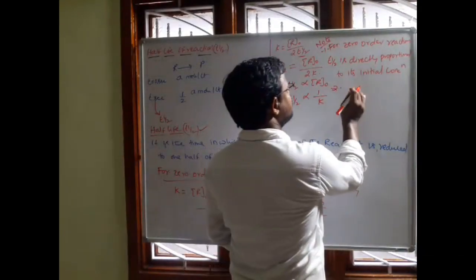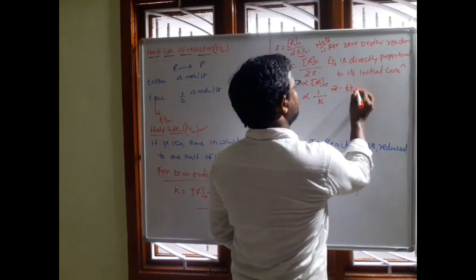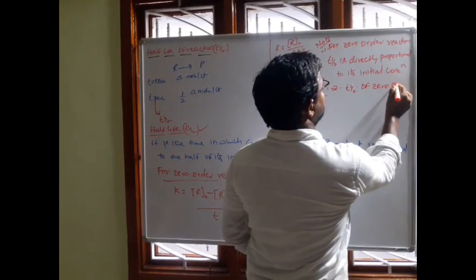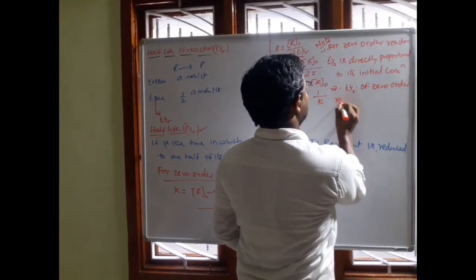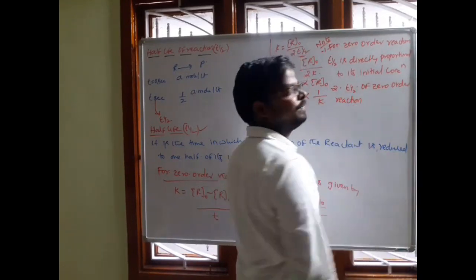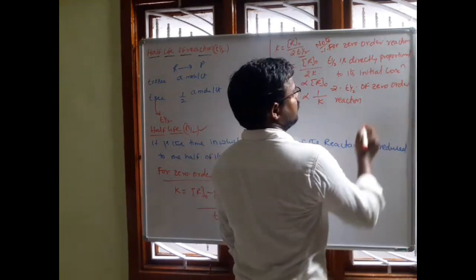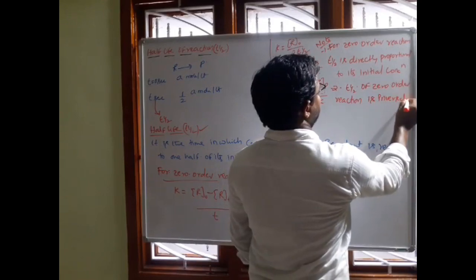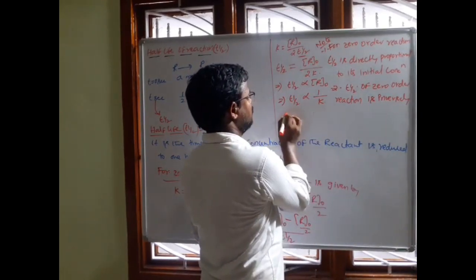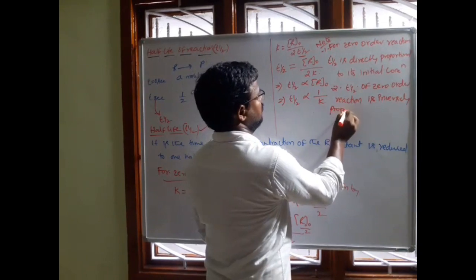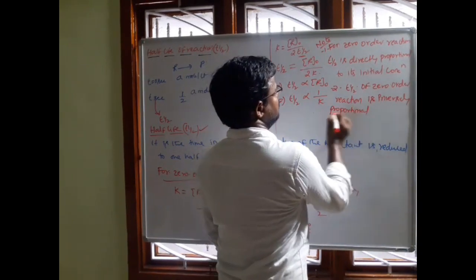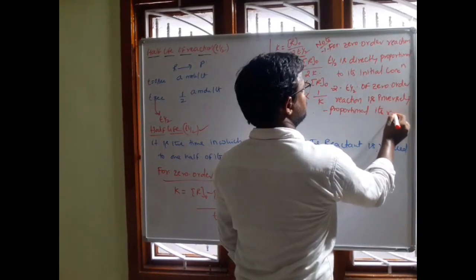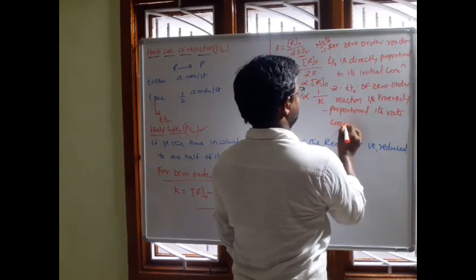That is, T half of a zero-order reaction is inversely proportional to its rate constant.